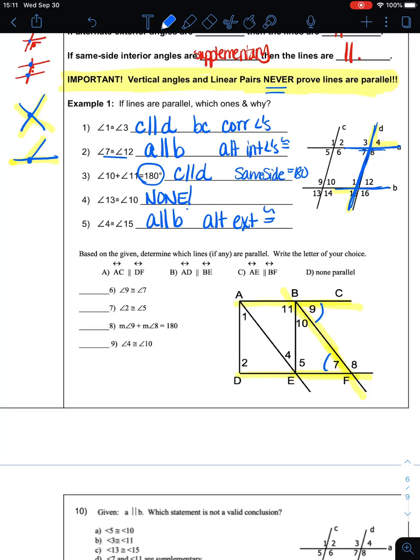So I need to look for the ones that are parallel. Remember, this top line can be named AB, BC, AC. I'm going to name it AC because that's the one that's up here. AD is not that line and AE is not that line. So it has to be AC, because if alternate interior angles are congruent, then the lines are parallel.